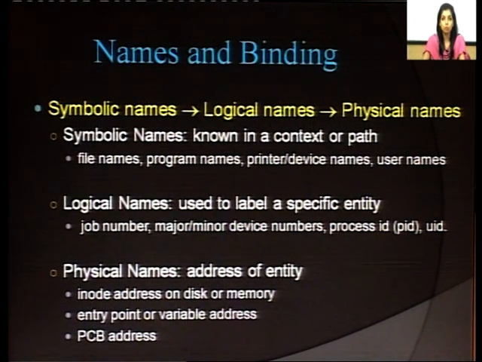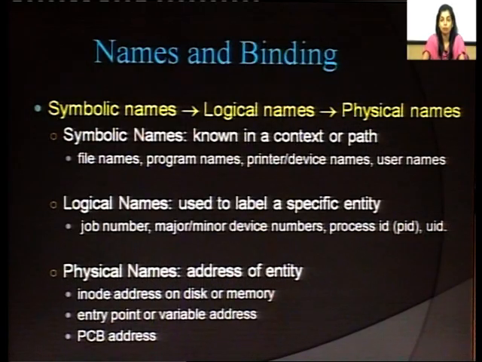If you want to trace that particular student on a board, then that class roll number is converted into a registration roll number. The registration roll number is the physical address, the logical name is the class roll number, and the symbolic name is the name of the student. In this way we convert logical into physical.